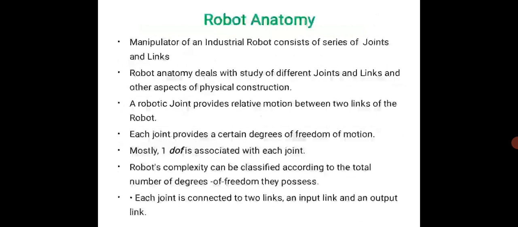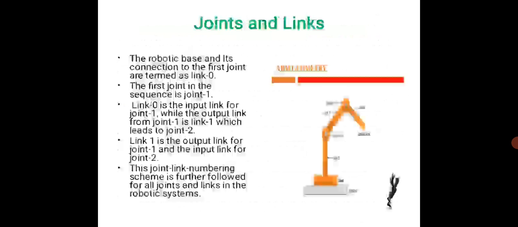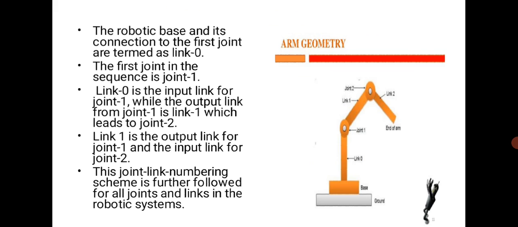Each joint is connected to two links, one an input link and the other an output link. From this figure you can see a robotic base, which is connected to the first joint and is termed link 0. The first joint in the sequence is called joint 1.